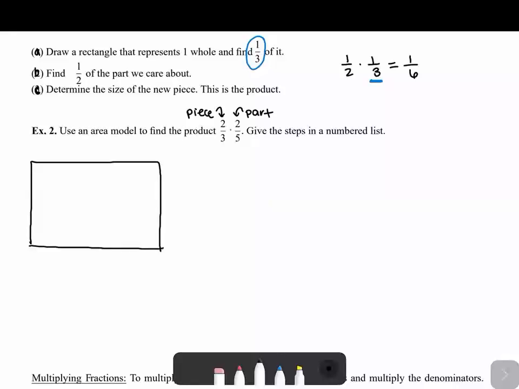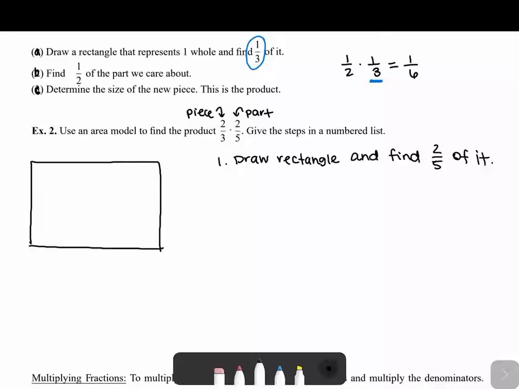So the first thing we need to do is draw a rectangle, and the rectangle is going to be one whole, and find 2/5 of it, right? So 2/5 is the part that we start with. So we're going to find 2/5 of this.